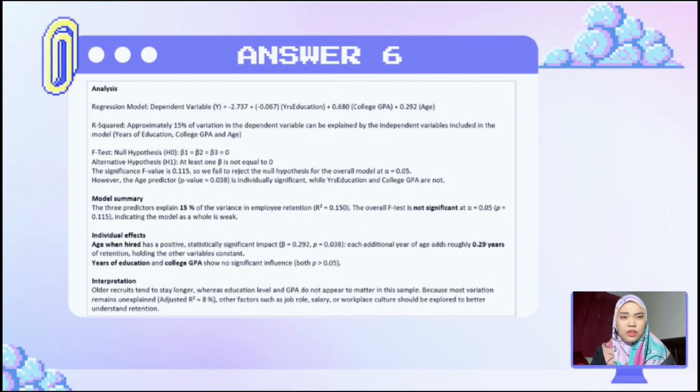What I can conclude here is the age predictor's p-value is individually significant while years of education and college GPA are not. The three predictors explain 15% of the variance in employee retention. So the overall F test is not significant, indicating the model as a whole is weak.